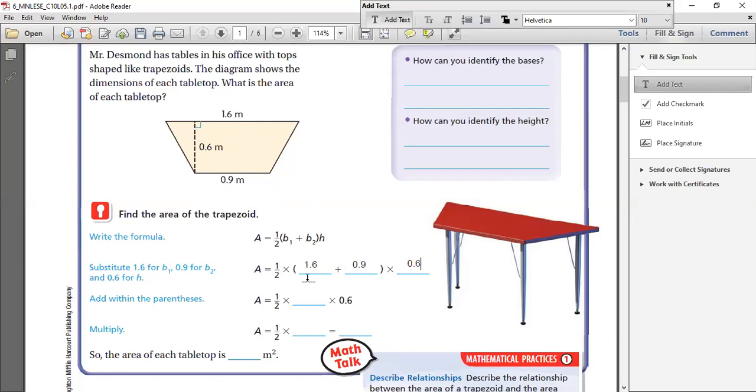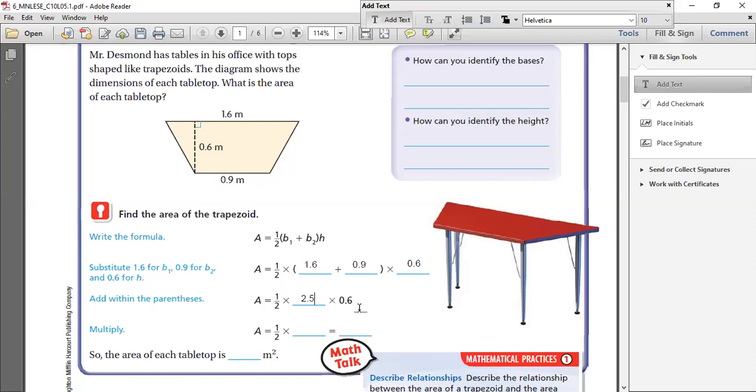So first, as you know the order of operation, PEMDAS, you have to solve what's inside the parenthesis first. So inside the parenthesis, we have 1.6 plus 0.9. How much is 1.6 plus 0.9? It's going to give you 2.5. Okay, now we have to multiply all of these. Half multiplied by 2.5 multiplied by 0.6.